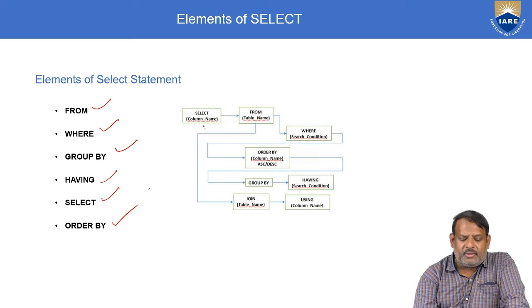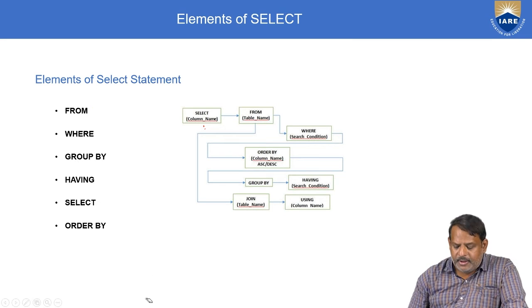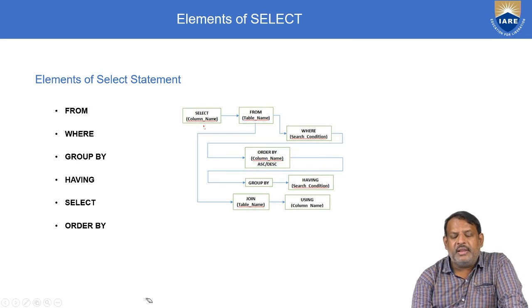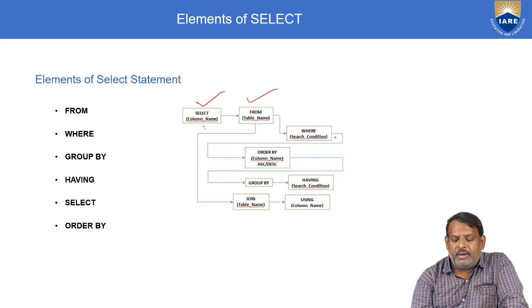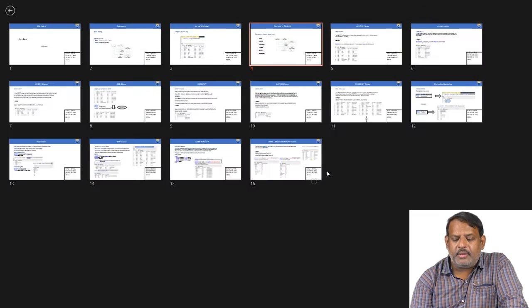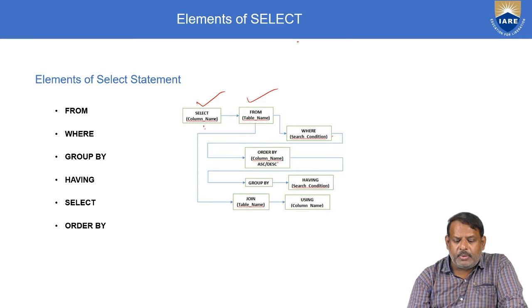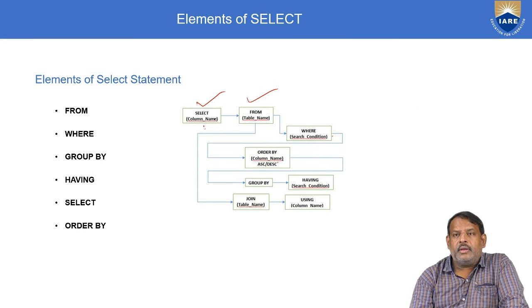These are the various clauses available in SQL Server. This we have seen in the earlier slide. Select and from, these 2 are mandatory, and the rest are not mandatory. Where is not mandatory, order by is not mandatory, group by, having, and so on.